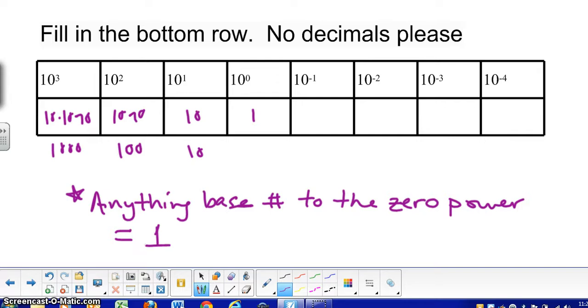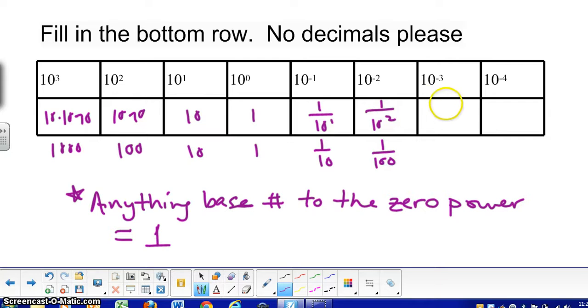Okay, so then the pattern should continue, and when you see the negative number, it means that it would be 1 over 10 to the first power, which is just 1 over 10. Okay, same with the next one. It would be 1 over 10 squared, which is 1 over 100.